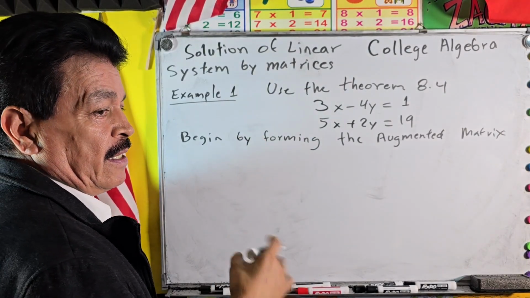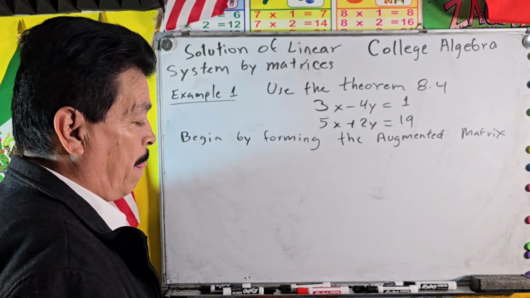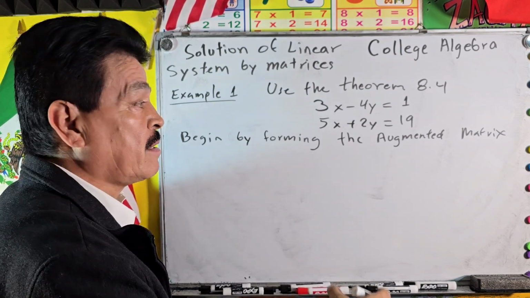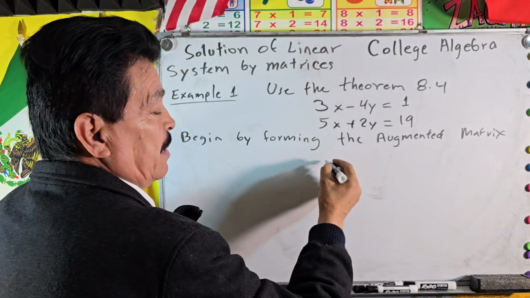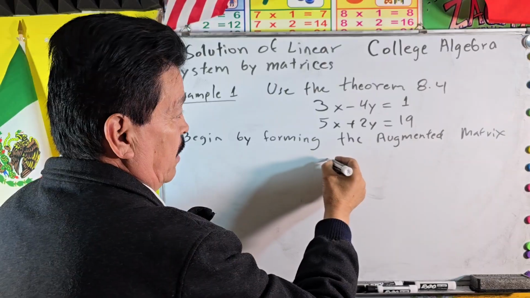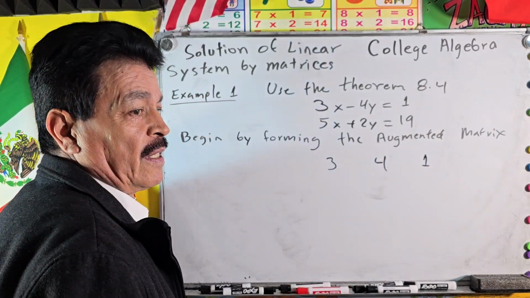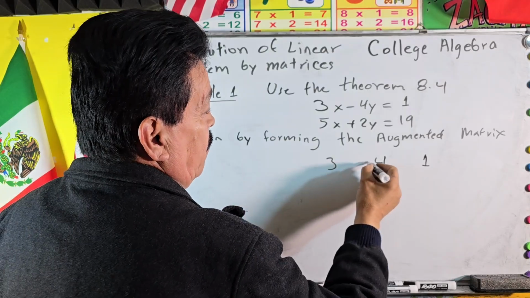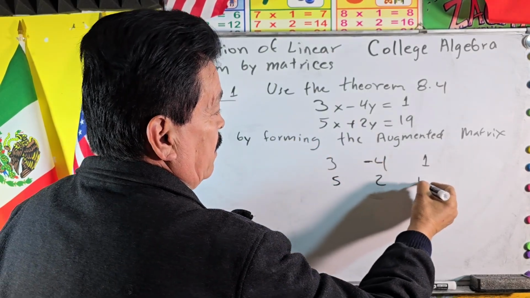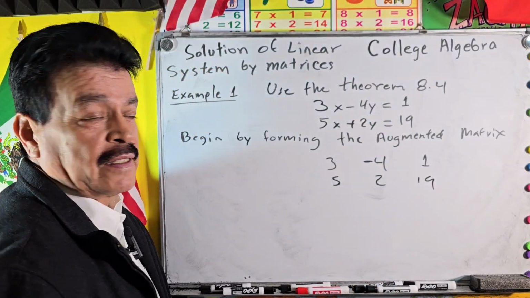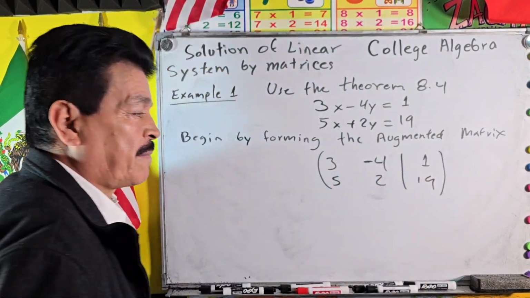I will write it in a different process and erase, because I don't have enough space for everything. Remember the numbers: we have 3, we have -4, we have 1 right here, and then we have 5, we have 2, we have 19, right? This way.